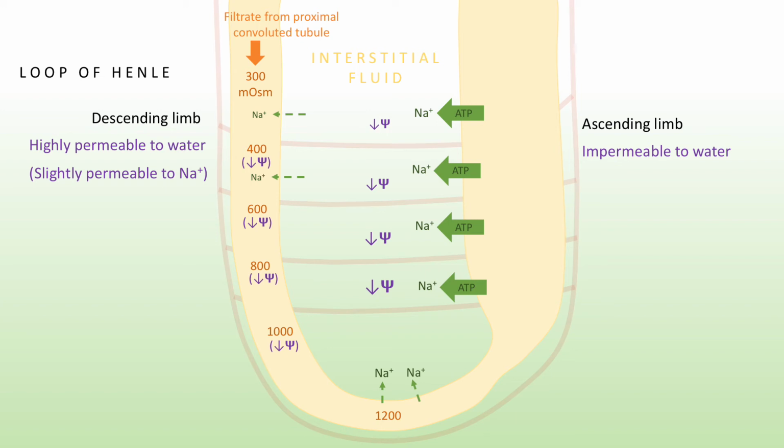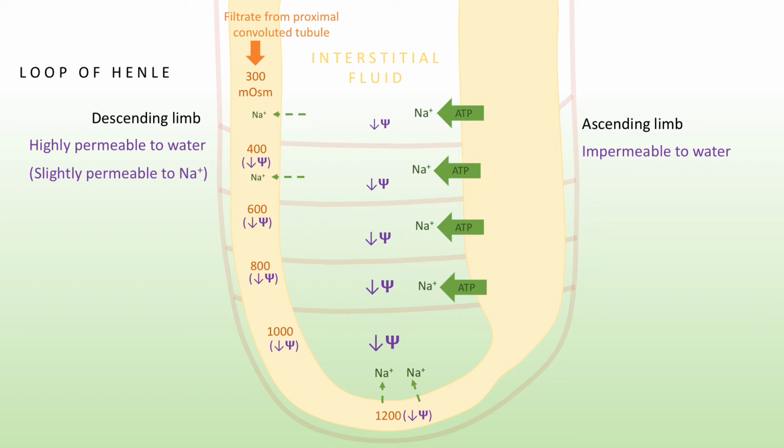What you'll also notice is that right at the bottom of the loop of Henle, sodium ions can diffuse back into the interstitial fluid just because of those concentration differences that have been created. And so that further lowers the water potential of the interstitial fluid.